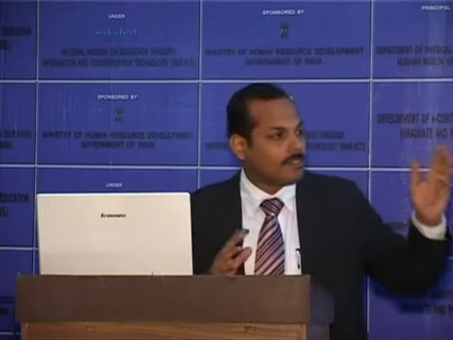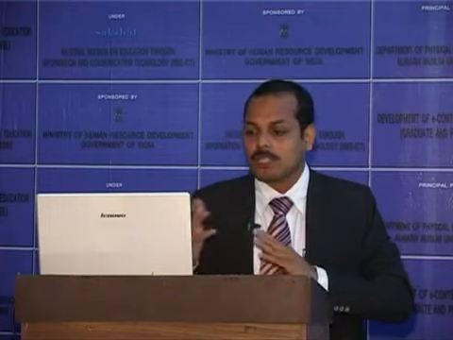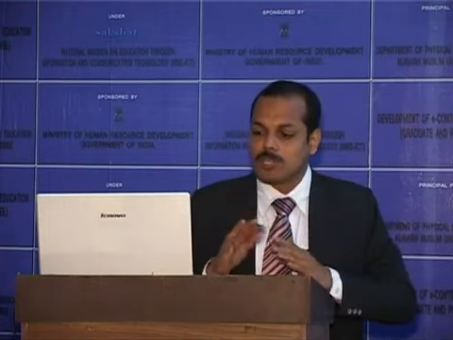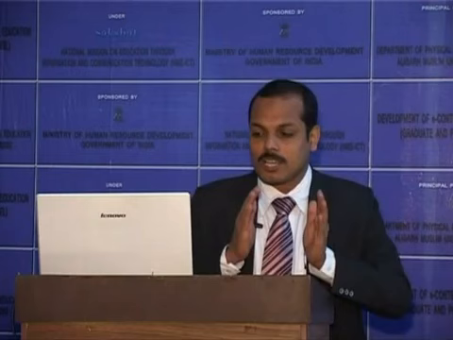Now, the next important structure around the knee joint is the joint capsule. All joints have a joint capsule, and the main function of the joint capsule is restriction of movement, or the stability of the joint. Like any other joint, the knee joint also has a joint capsule. It is a large joint capsule, but it is lax, and it encloses the entire tibiofemoral and patellofemoral joint.